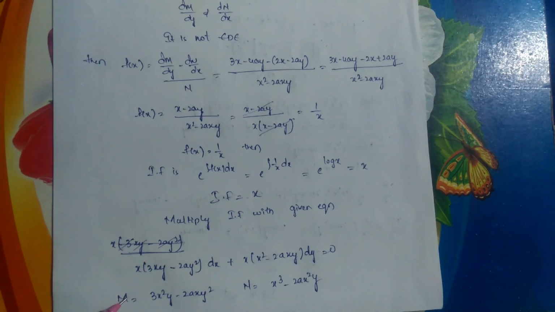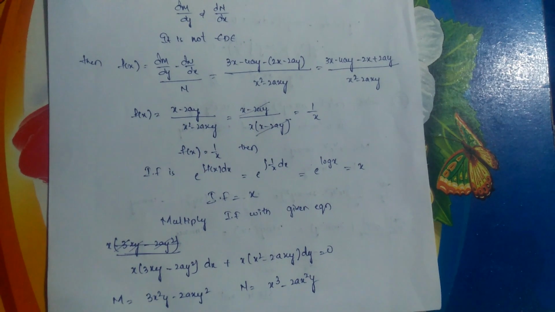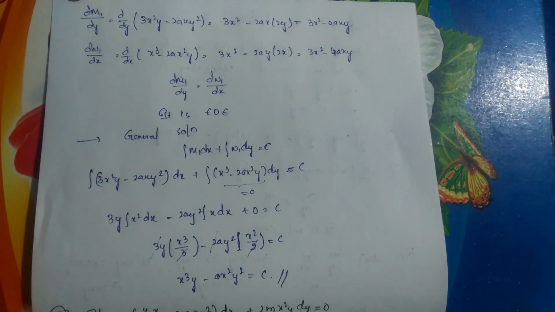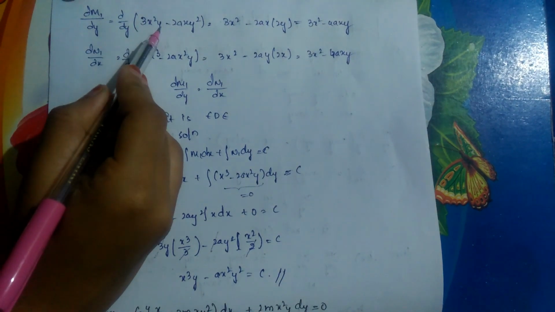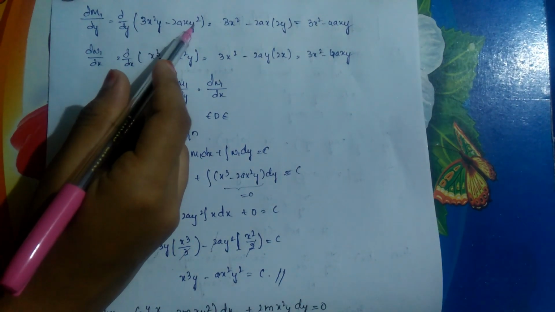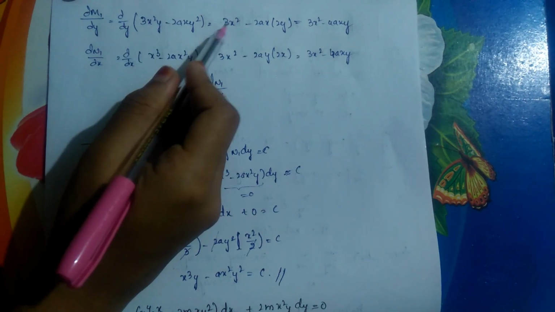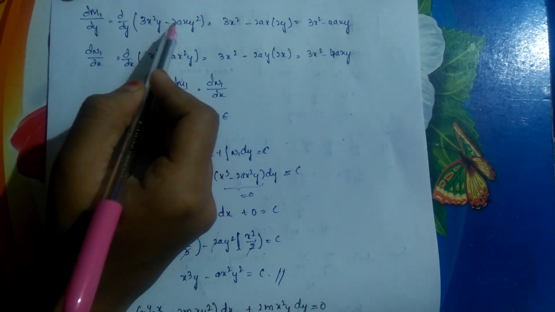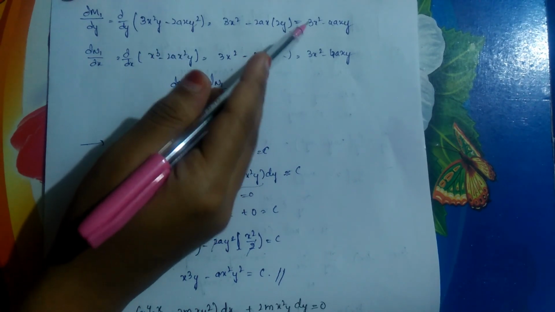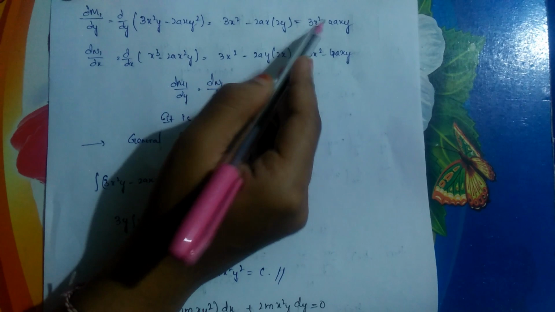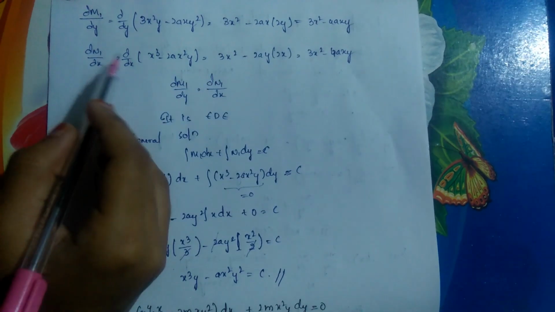Now differentiate the functions M and N. Then we get ∂M1/∂y = ∂/∂y of (3x²y - 2axy²). The differentiation of 3x² into y is 3x², 2ax is constant and the differentiation of y² is 2y, and that equals 3x² - 4axy.